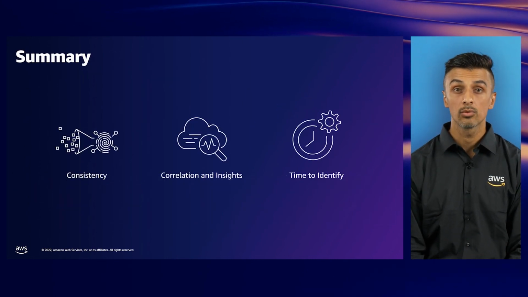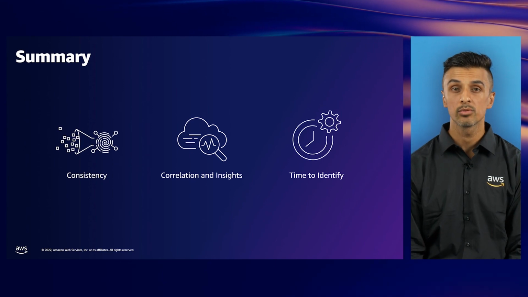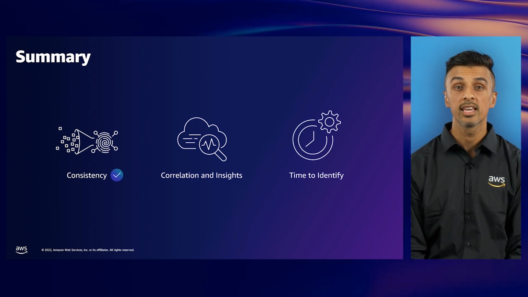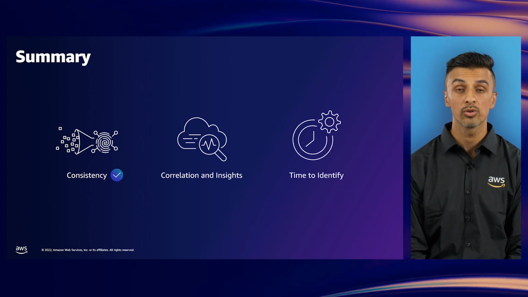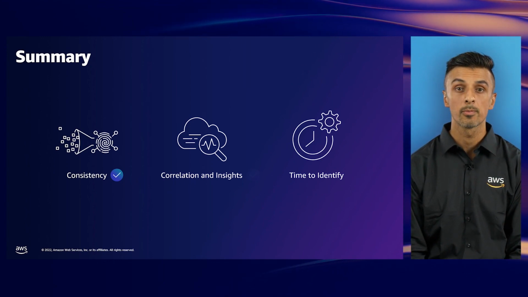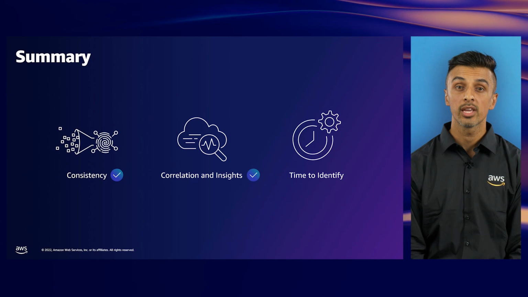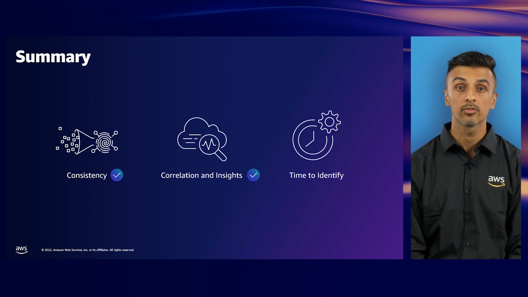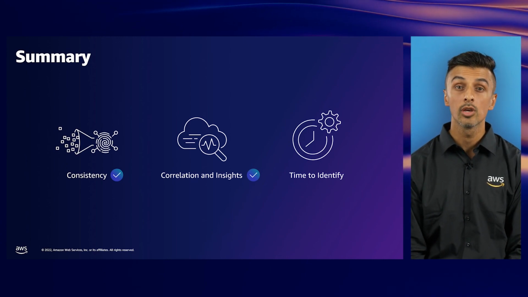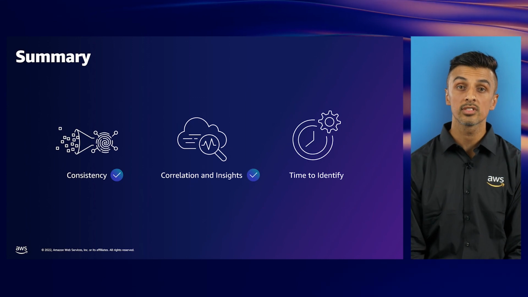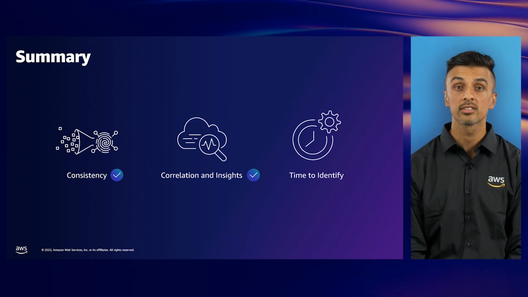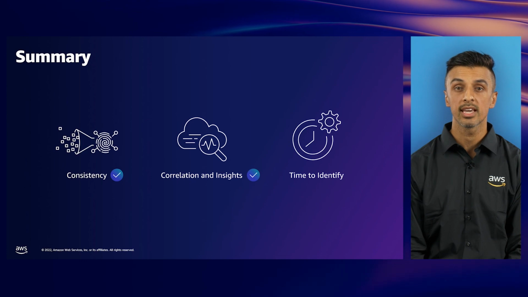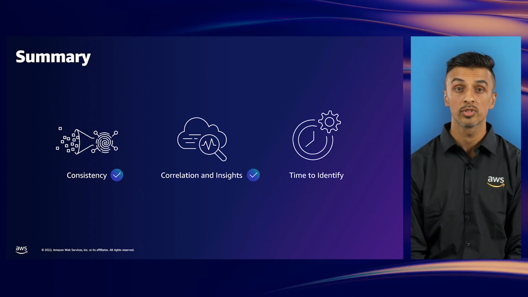Also, how CloudWatch's automatic integration with many AWS services helps bring consistency in coverage to all your application components from an observability standpoint. So once we have consistent types and levels of data for those components available, we saw how CloudWatch ServiceLens along with CloudWatch Insights helps you correlate signals and gain insights into your application performance.